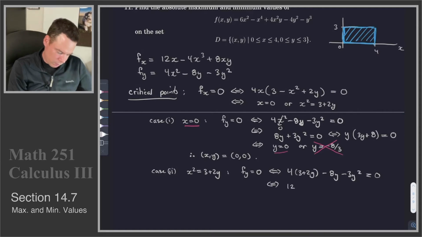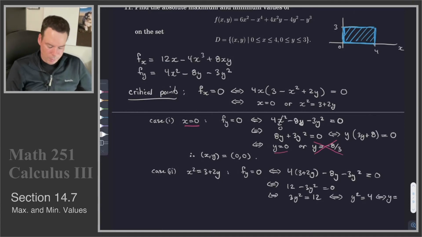That becomes 12 plus 8y minus 8y, those cancel off, minus 3y squared is equal to 0. Or in other words, 3y squared is equal to 12, or y squared is equal to 4, or y is equal to either 2 or negative 2. But again, we can get rid of that negative 2 because it's not in the domain. Y has got to be a value between 0 and 3.